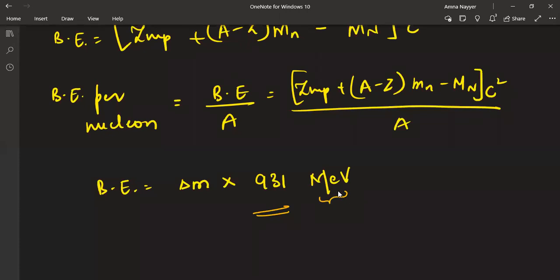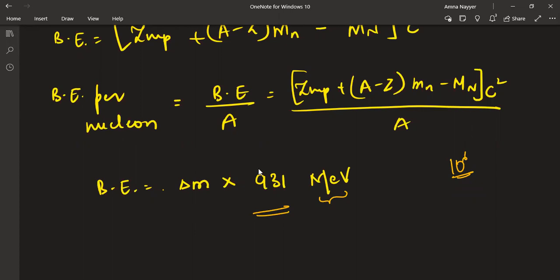If you wish, you can convert mega electron volt by multiplying it by 10 to the power 6. But in most answers, you can leave it in mega electron volt. So calculate delta M using the formula that I've told you and multiply by 931, and you get your binding energy.